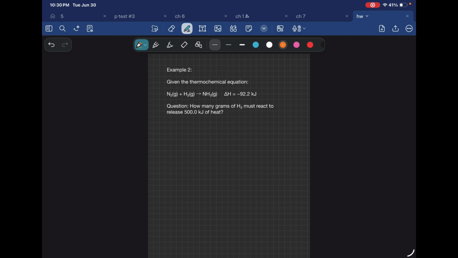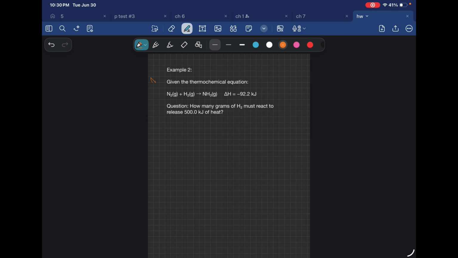So we're given delta H, an unbalanced equation, the heat released from hydrogen gas, and we are asked how many grams of hydrogen gas must react to release 500 kilojoules of heat. Unlike the last example, where we went from grams to moles to kilojoules, we're going in the opposite direction this time, from kilojoules, what we're given, to moles and to grams. So before we do that, let's balance this equation.